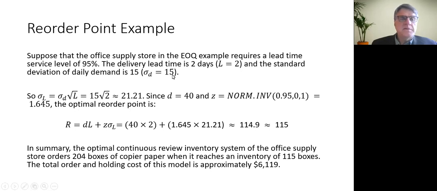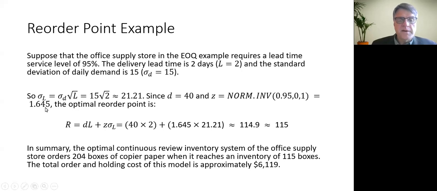So sigma sub D is 15. So what I need to do is figure out the standard deviation of 2-day demand, and that is 21.2. All I need to do is take the standard deviation of daily demand, sigma sub D, and multiply it by the square root of 2. We know that D is equal to 40 from our earlier work in the EOQ example.